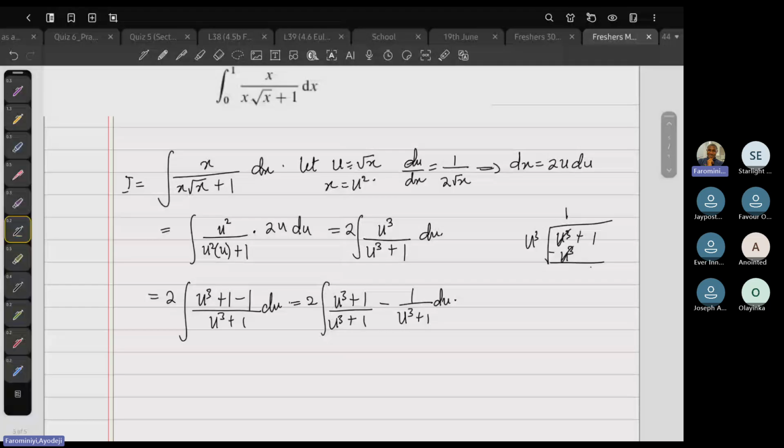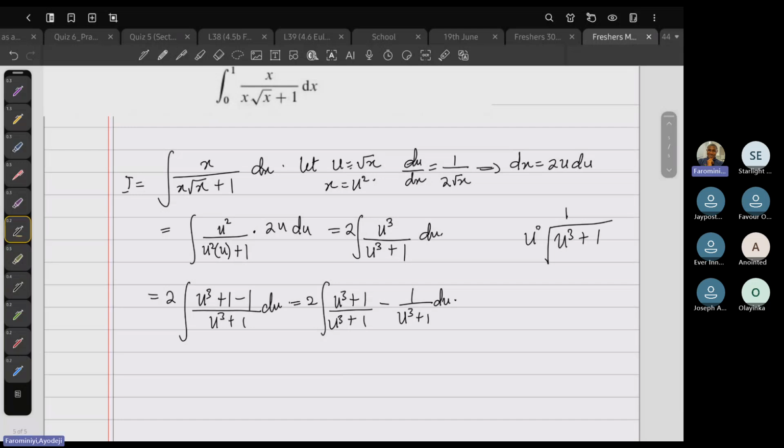So I think there is a problem here. We are not getting the same thing. We are supposed to get exactly the same thing. So the remainder is 1, which is not minus 1. Oh, sorry. Now I see what I've done wrong. So it should be u cubed plus 1 inside, u cubed. We want to divide.